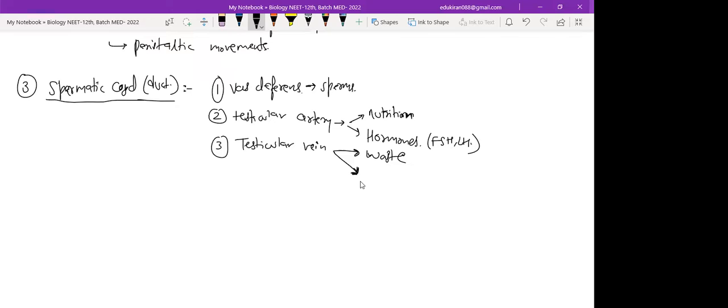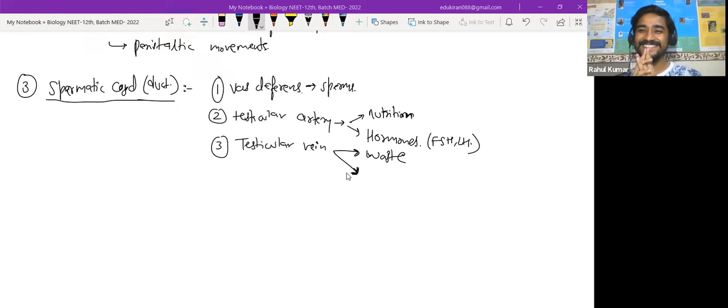Okay, Zersh is saying deoxygenated blood. Yes, that's true, Zersh. This vein contains deoxygenated blood, but I'm asking something very important that needs to be taken out of the testes or the scrotum.